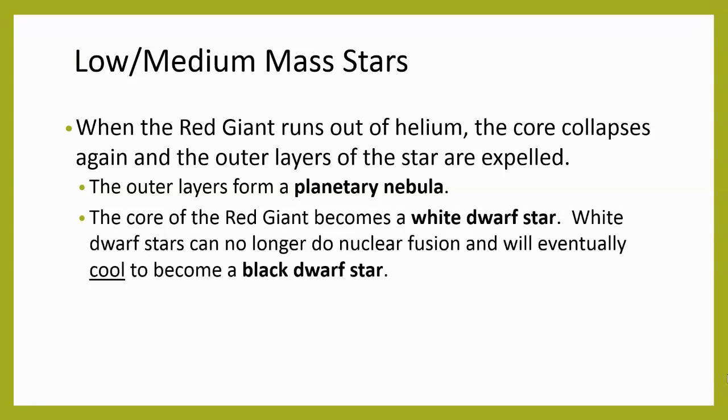The core, what was left over from the red giant, becomes a white dwarf star. White dwarf stars can no longer undergo nuclear fusion, so we're not creating any new elements, and over time, they're going to cool off. As they cool down, eventually they're going to become black dwarf stars. They're just hanging out in outer space, and they're not going to have that energy exchange going on anymore.